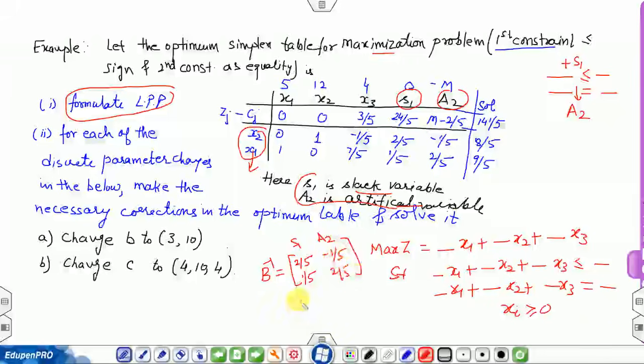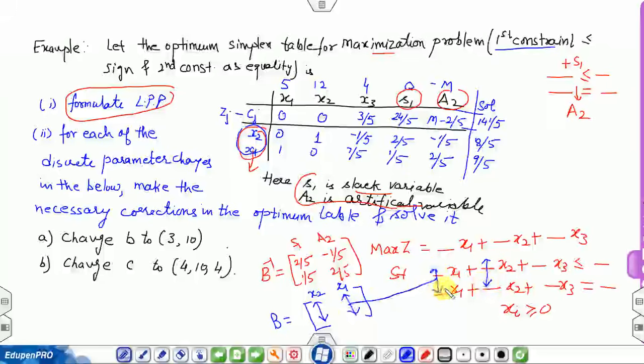So if you find the inverse of this, how do you find the inverse of B? So what is the B? B is nothing but this one, that is x2, x1. You get a column of this by taking the inverse of this, so the value of this is this one. This is x2 and this value becomes this one.